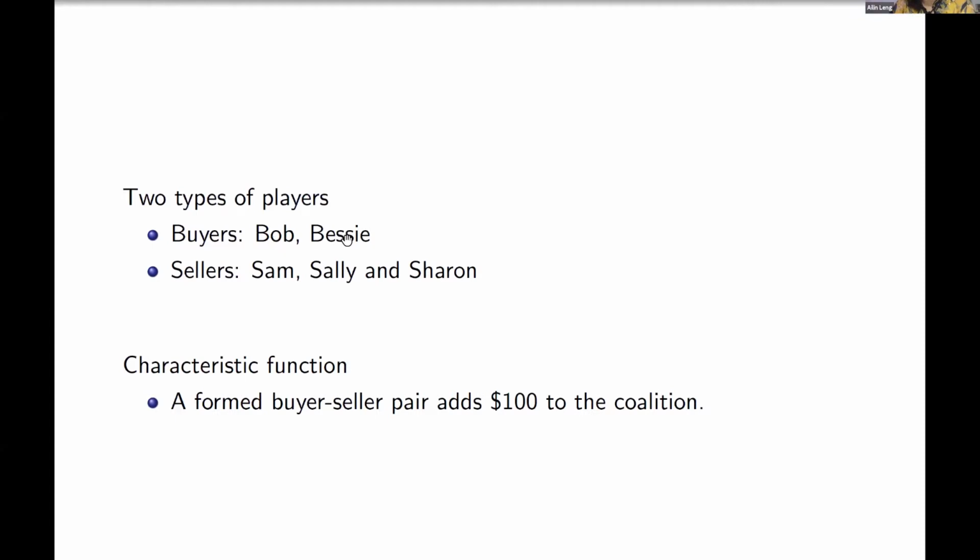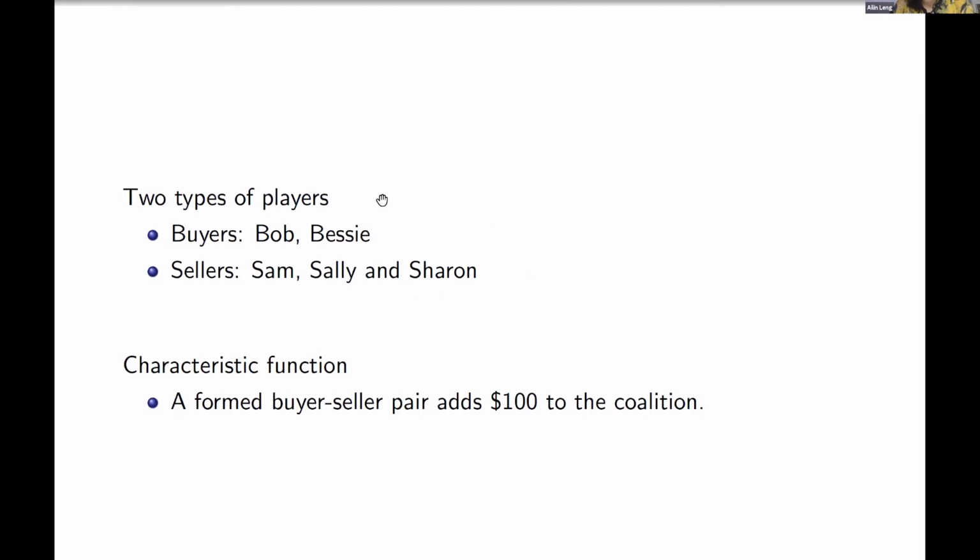If Bob, Bessie, and Sam, the three of them, come together, the coalitional value for the three of them is still 100 because now there is one extra buyer in the group. And for four players, Bob, Bessie, Sam, and Sally, now the coalitional value becomes 200 because now there are two buyer-seller pairs contained in the group.